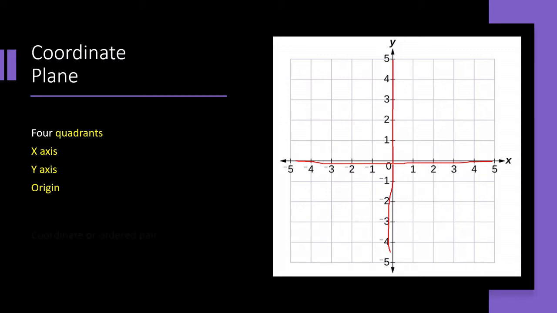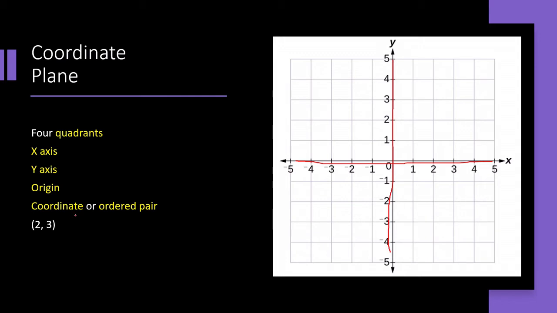Okay, next in our coordinate plane, we have what we call coordinates, or an ordered pair. And this is an example of what one looks like. When I was a kid, we used to call these coordinates. Now I believe they're called ordered pairs. This is what we call them now in modern math. But you can call them whatever you like.